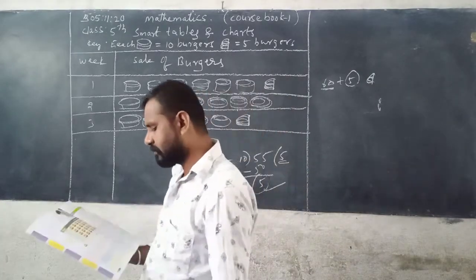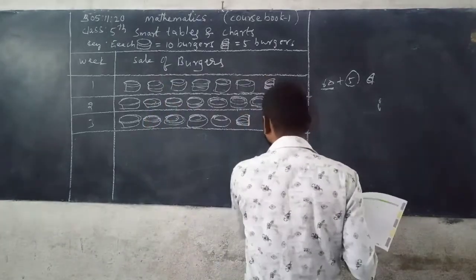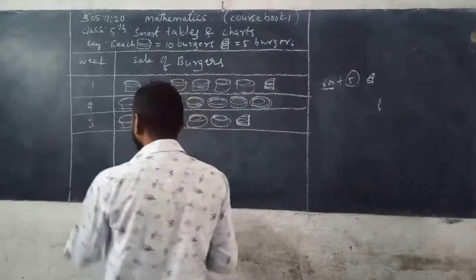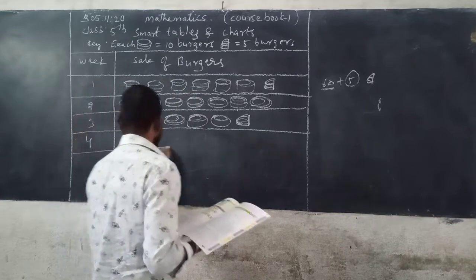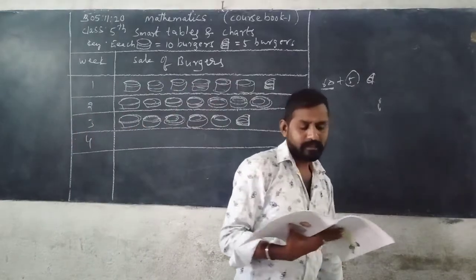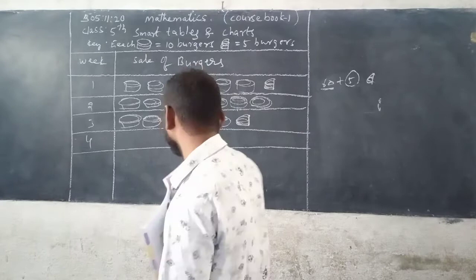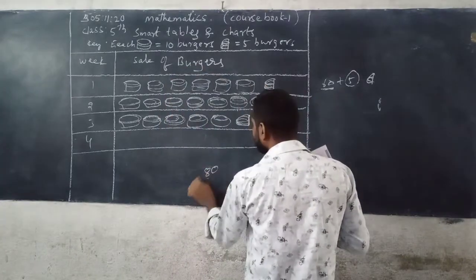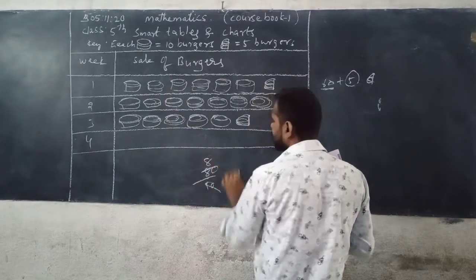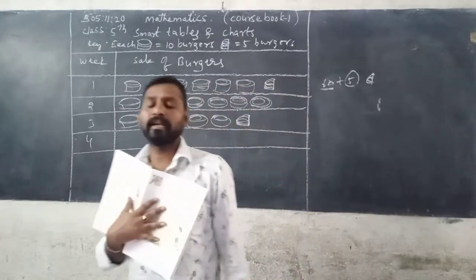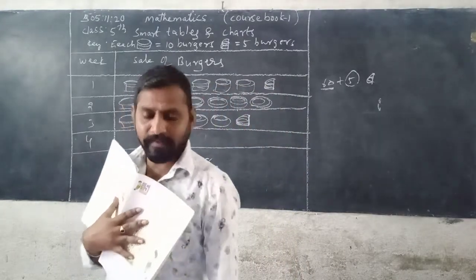Now next week, the fourth week. How many burgers sold? According to your given data, 80 burgers. 80 divided by 10: 10 eights are 80. So you can draw 8 burgers according to the given information.